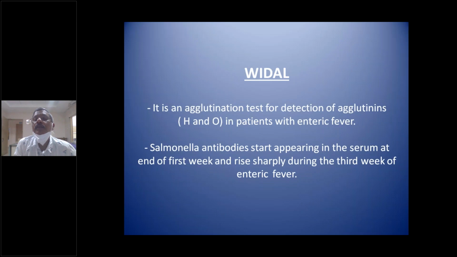Here the antibodies of Salmonella are H antibodies and O antibodies. We detect agglutinins. Agglutinin is an antibody. Agglutinogen is an antigen of that particular agglutination test.